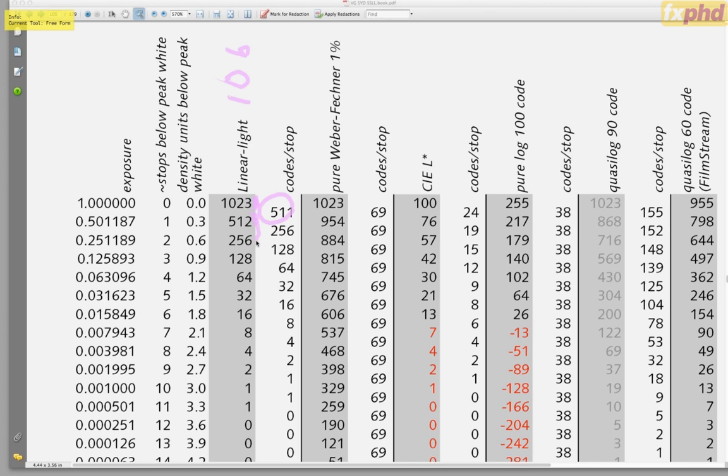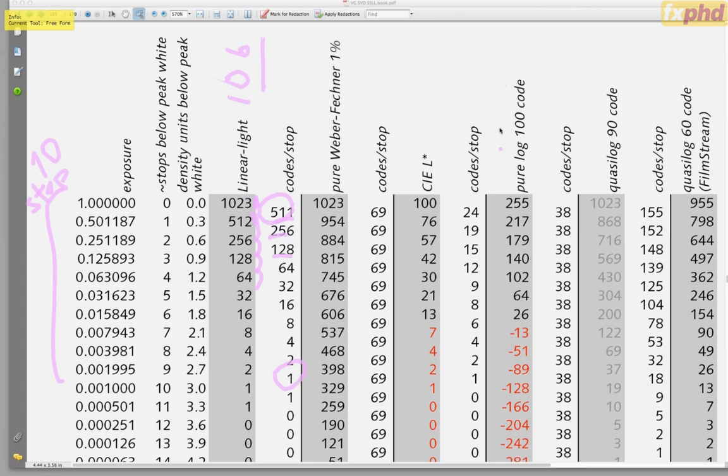There's half as many codes the next stop down. So I get 512 codes in the top stop, 256 in the next stop, 128 in the next. By the time I'm 10 stops down, well, 10 stops is a lot, but if I've got linear 10-bit coding, there's only one code for that whole stop. That's obviously inadequate performance.